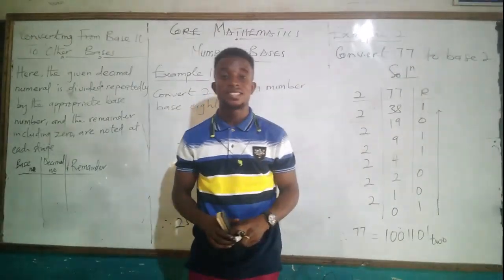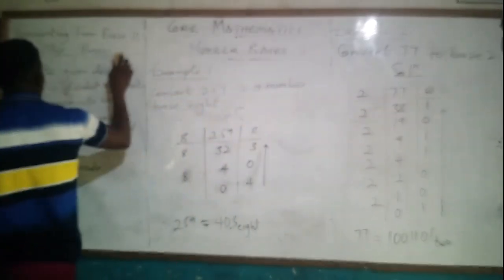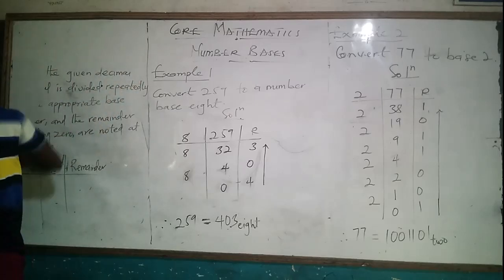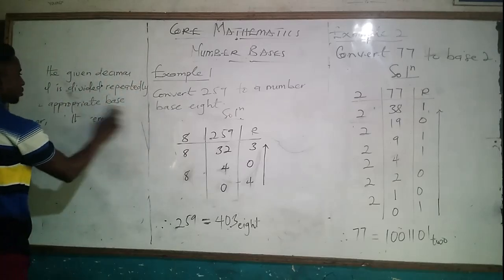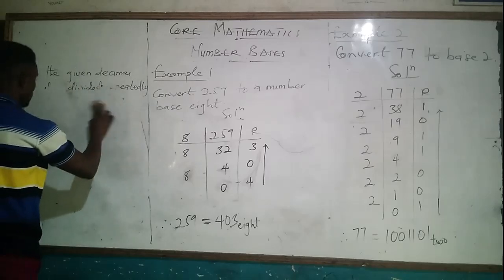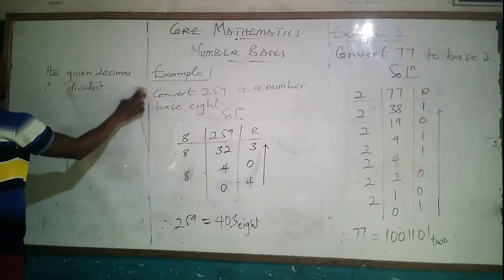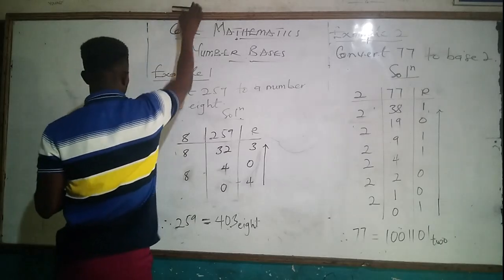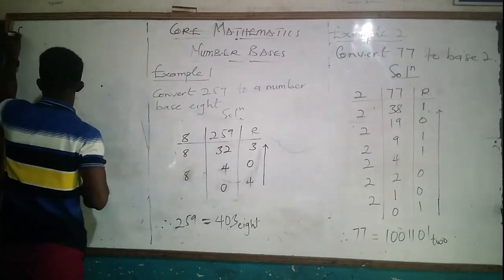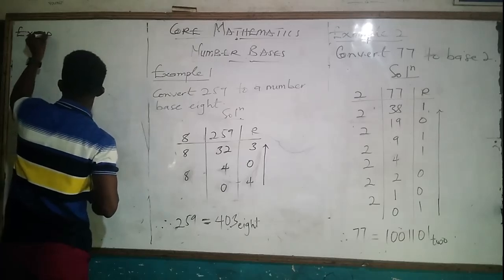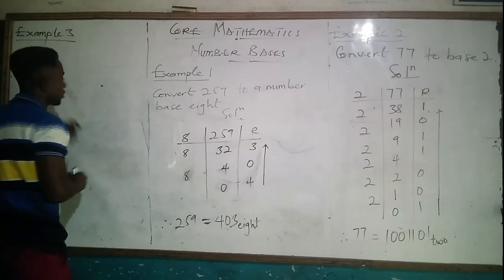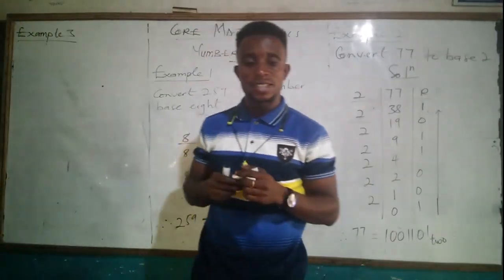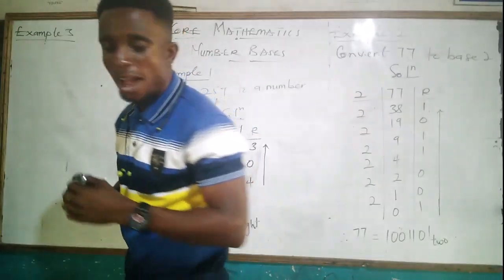Let's move on to the next example, which is example 3. So this one too, you have to change 576 to base 5.